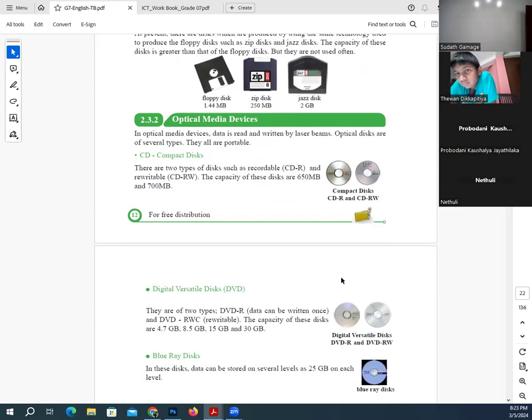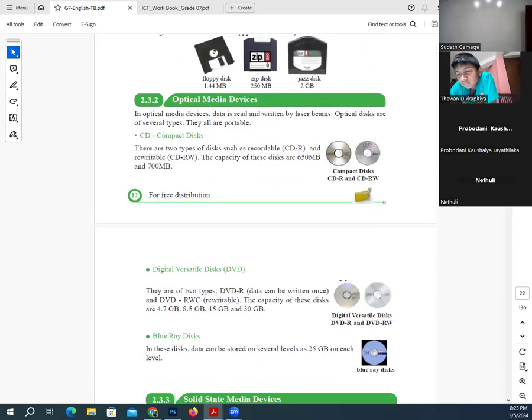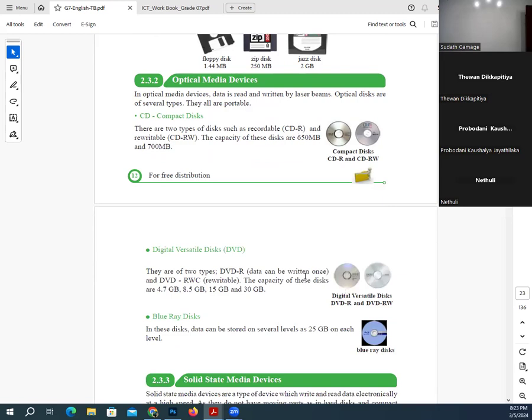In DVDs also the same case: DVD recordable and rewritable. In recordable, data can be written once. RW, rewritable.